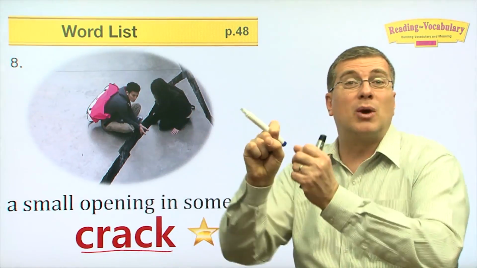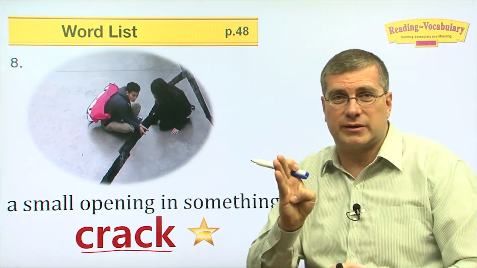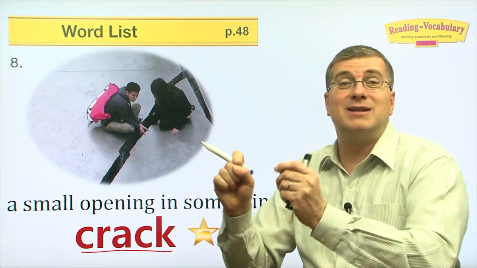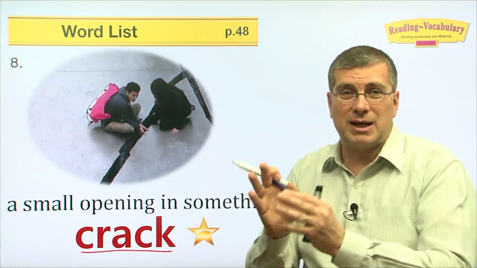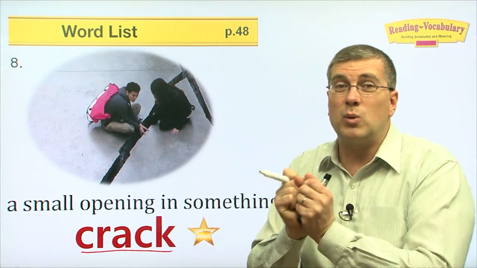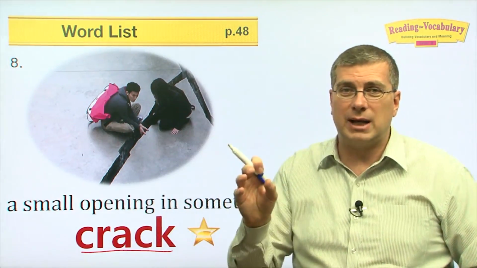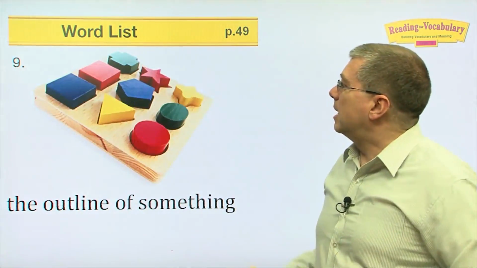Looks like it might break soon. You see cracks. If you see cracks, be careful, because that means that something might break, okay? Or something is not strong. It got weak somehow. So if you see a crack, be careful. It's not strong anymore.